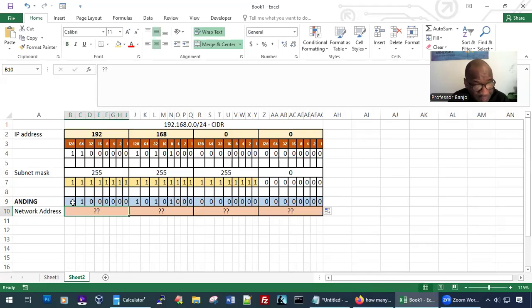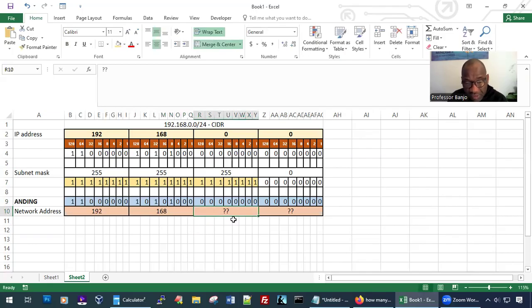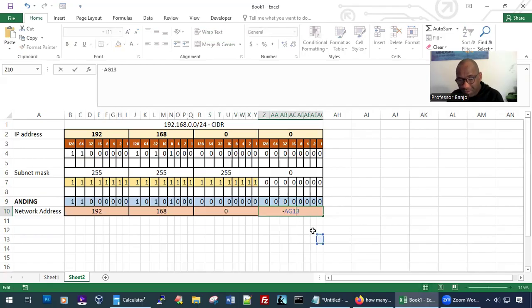So 1 here represents 128. 128 plus 64 brings you to 192, and that is your first octet. Same thing down here. The first one is 128, and the second one here is 32. So that's back to 168 right here. And here it's all zero, so it's going to be 0 here, and 0 here.